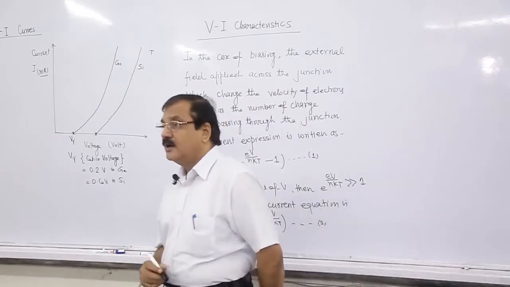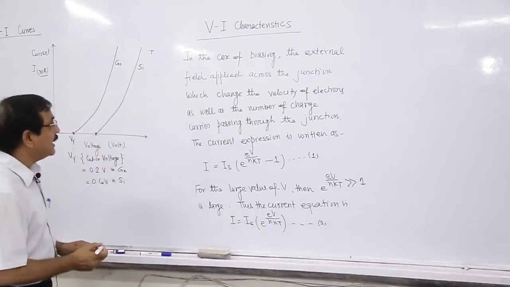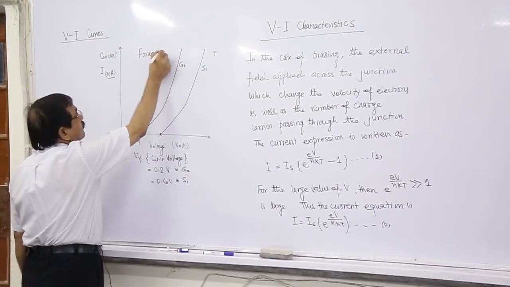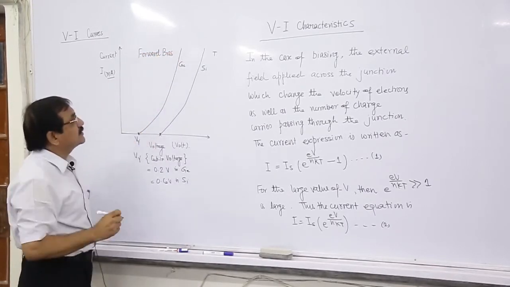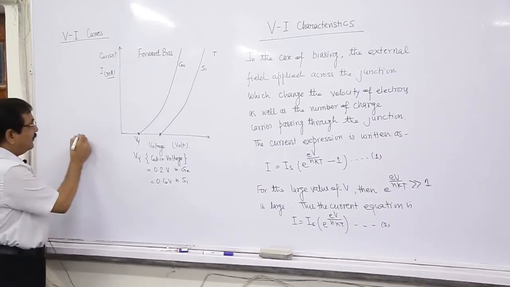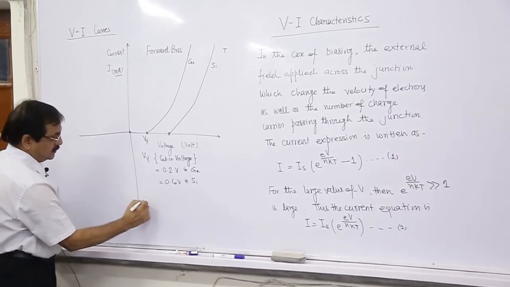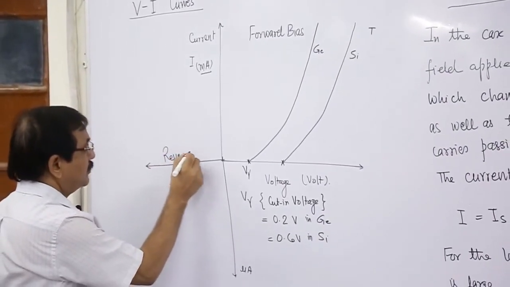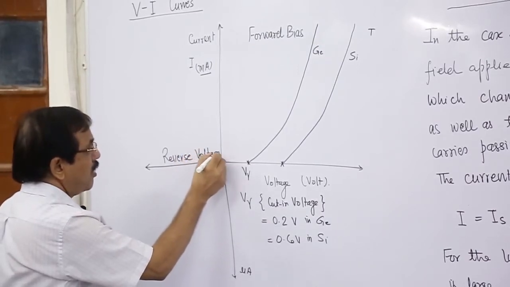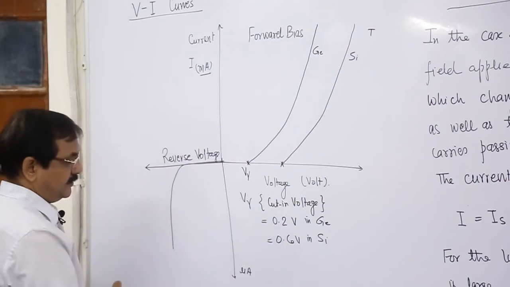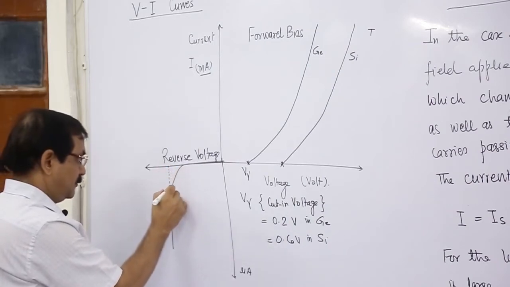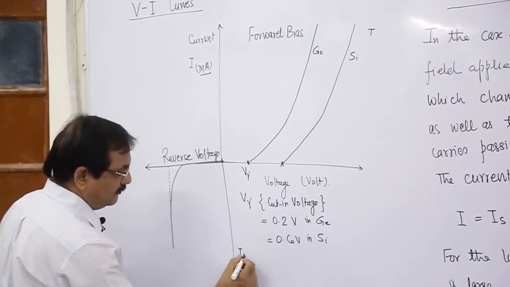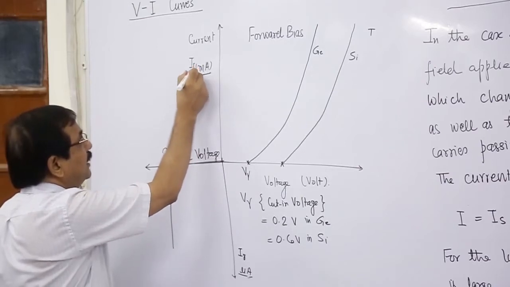Now, this is the forward bias configuration, and for the reverse bias voltage we have this kind of curve. Here is the current I reverse, and here I forward.